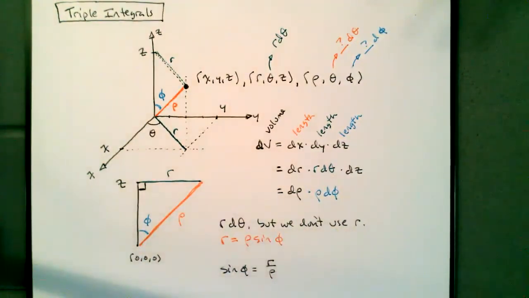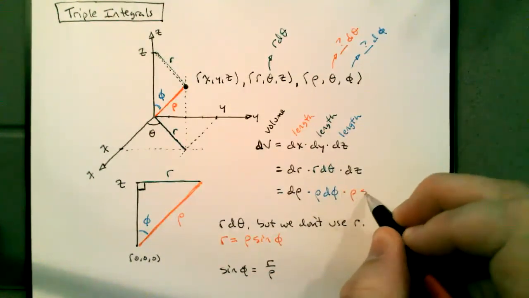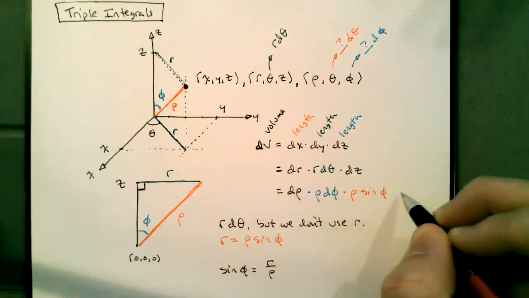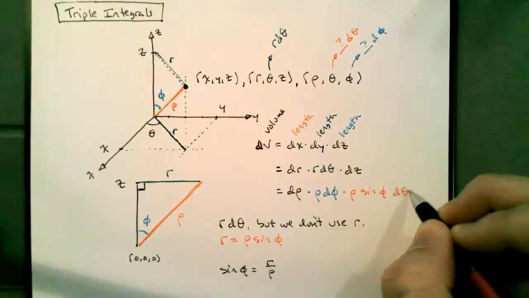The reason that we want to do this is that we turn d theta into a length by multiplying by r. But we don't have r. We only have rho, theta, and phi. We have to write r in terms of rho and phi. So if r is rho times sine of phi, that's how we'll turn d theta into a length. We'll multiply by rho sine phi d theta.